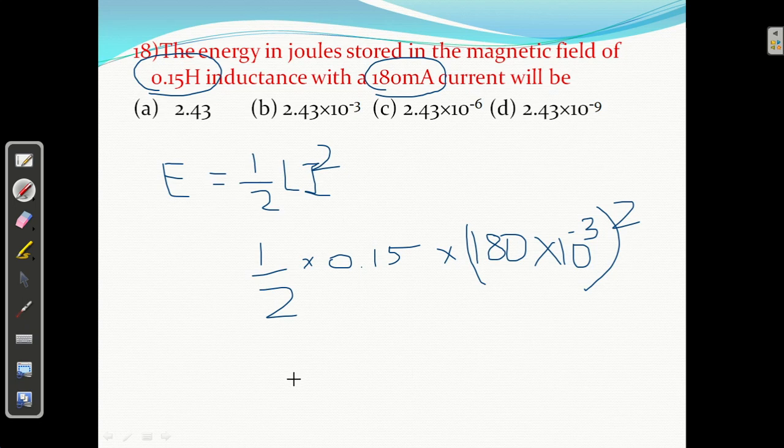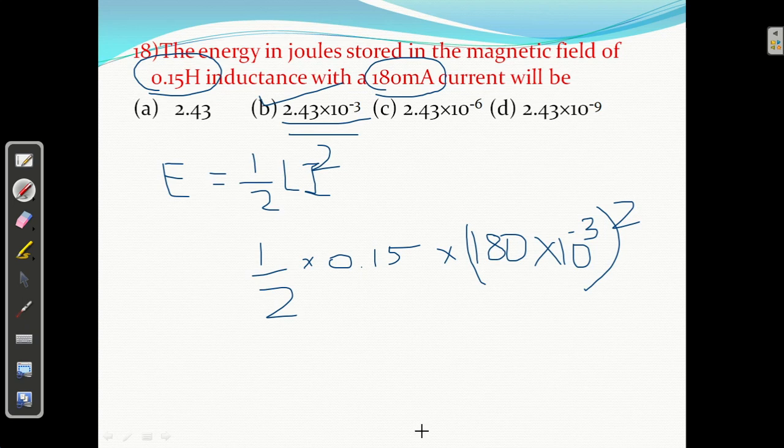Using the calculator, I'm getting the answer B, that is 2.43 into 10 raised to power minus 3. That is the correct answer. So these are the questions.